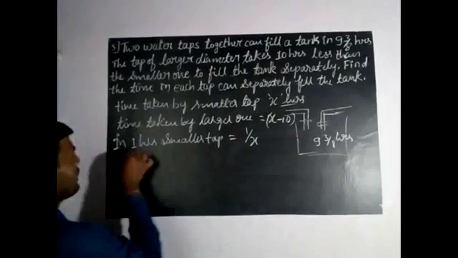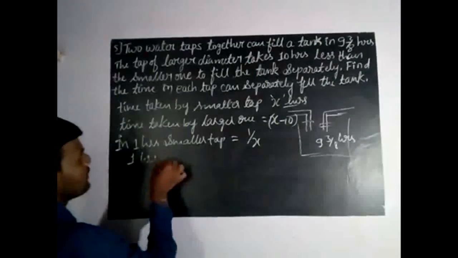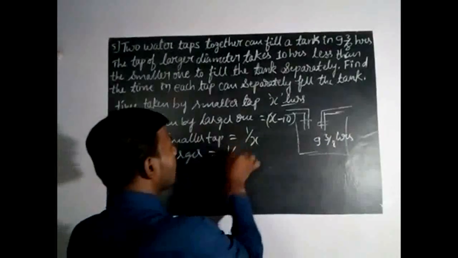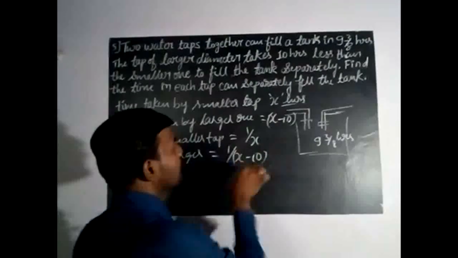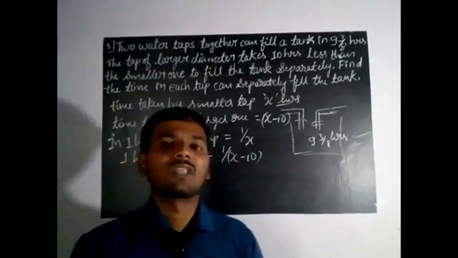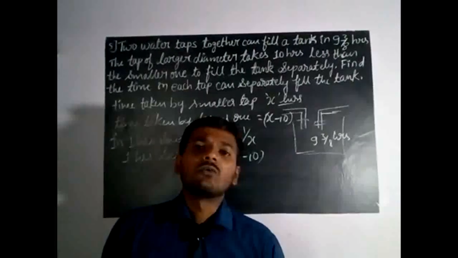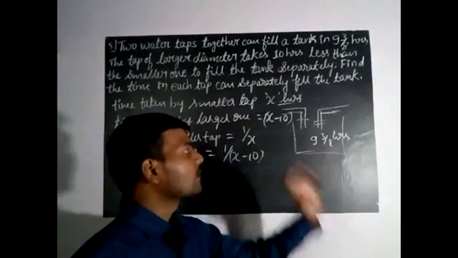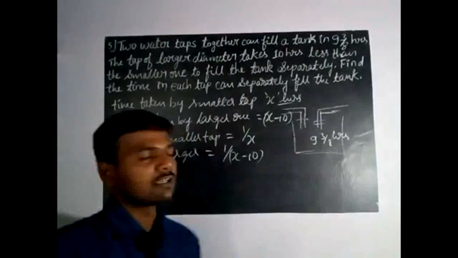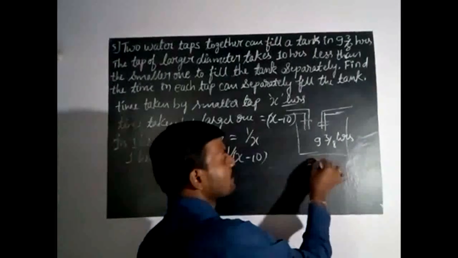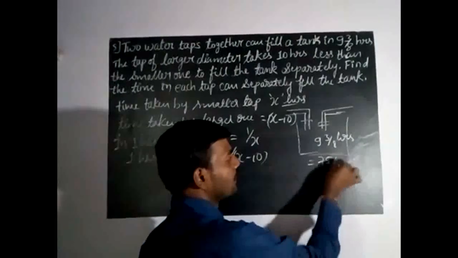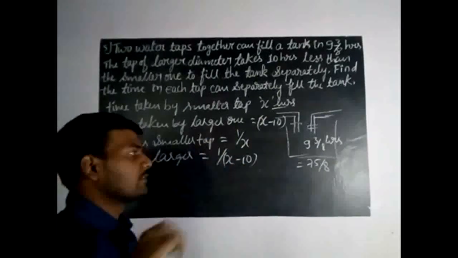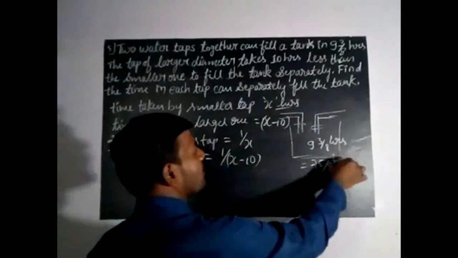So similarly, in 1 hour the larger tap can fill 1 by x minus 10 part of the tank. Okay, now they together can fill the tank in 9 whole 3 by 8 hours. If you convert it into an improper fraction, it becomes 75 by 8. Two taps together take 75 by 8 hours.